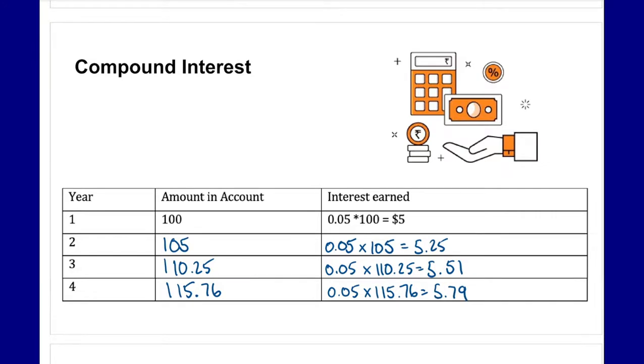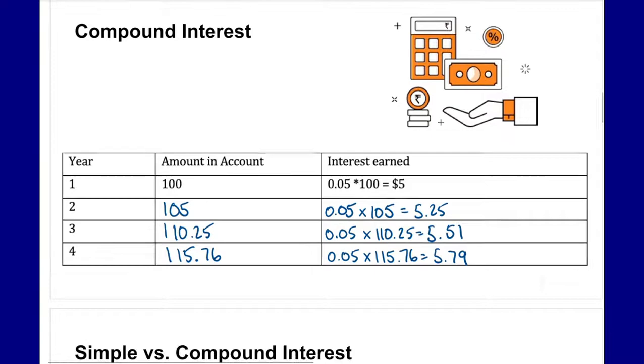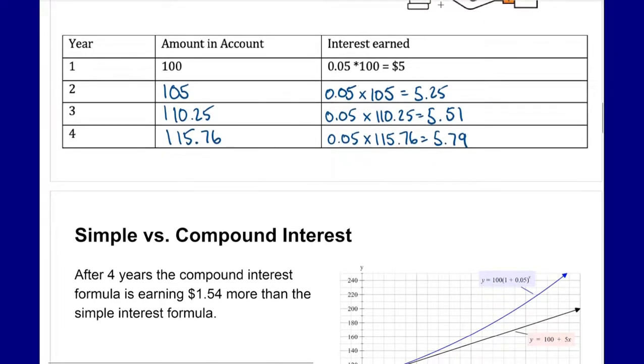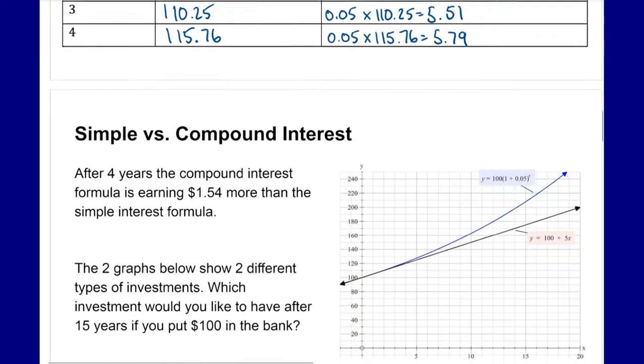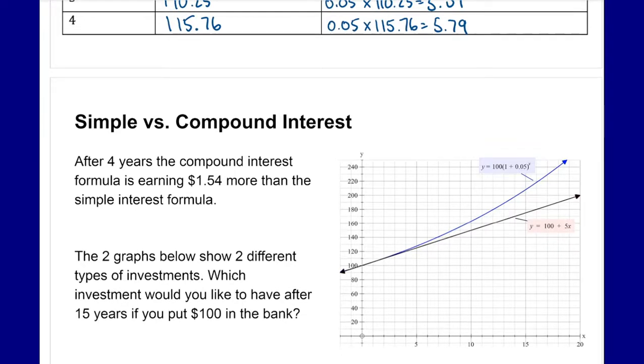So we've already earned almost an extra dollar after those 4 years of saving money. Whereas in simple interest, we only would have earned $5 throughout. It wouldn't have changed. So after the 4 years of compound interest, we are earning roughly $1.54 more than the simple interest formula.